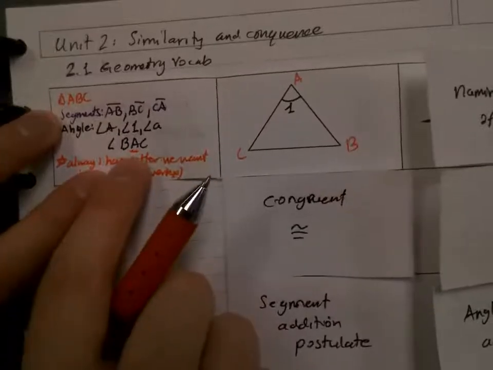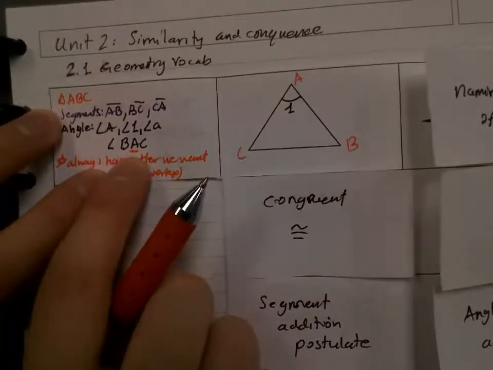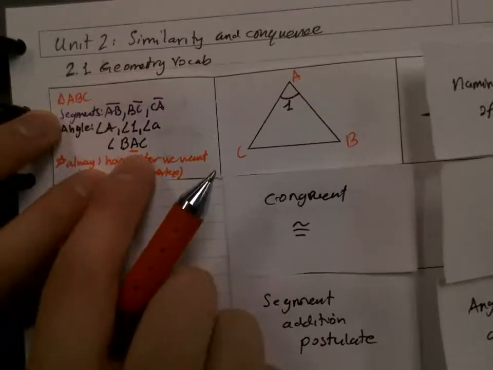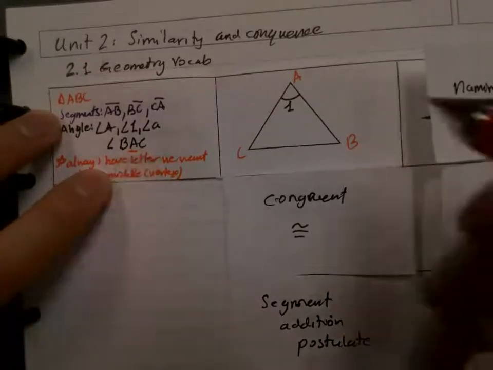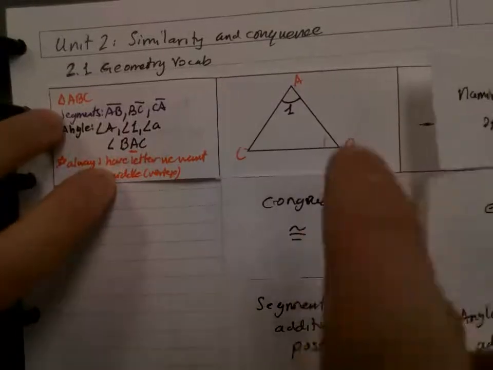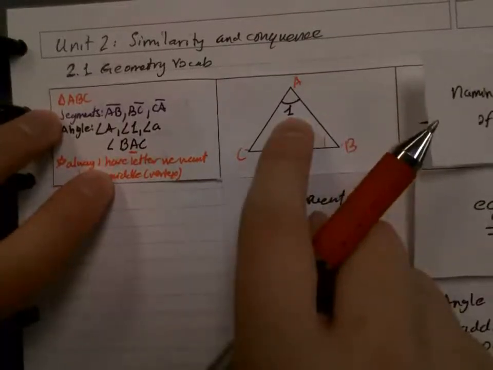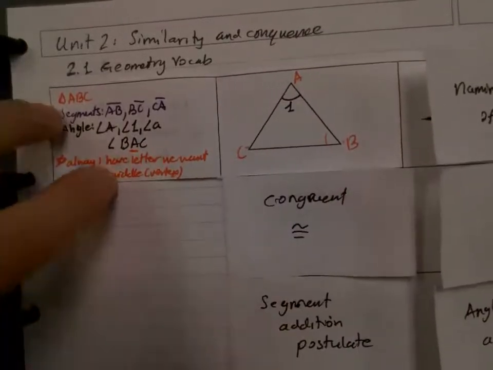Remember, the middle letter determines the vertex of that angle. If you write this as CBA, you're looking at CBA. That's now your vertex. That's not the same angle as angle 1. Okay, the order of the letters matters.